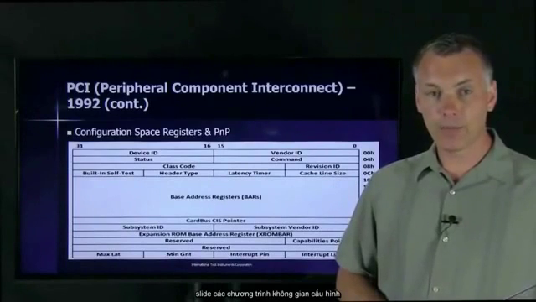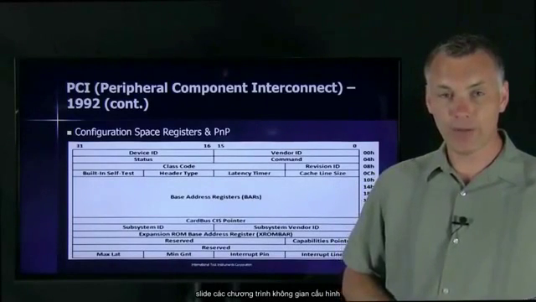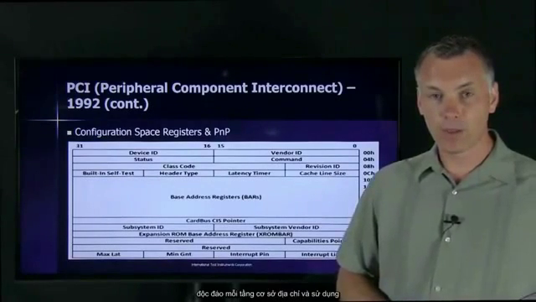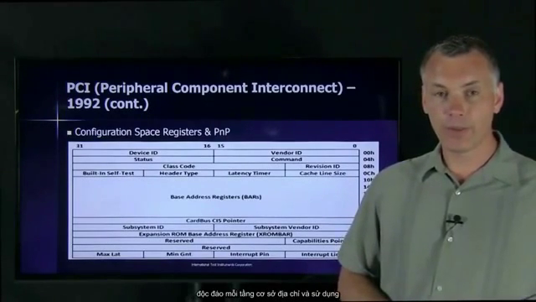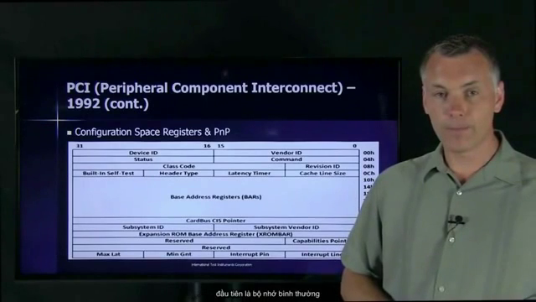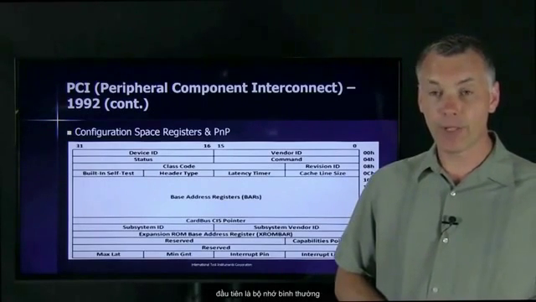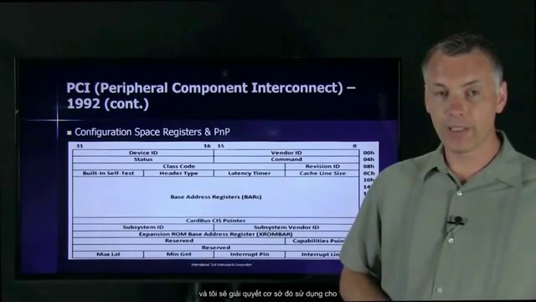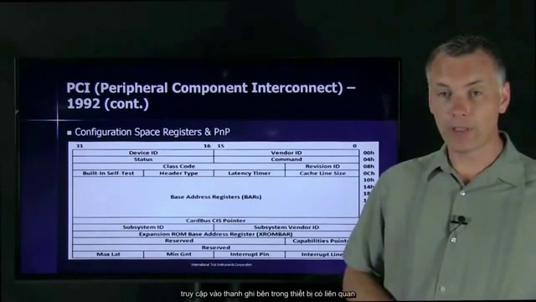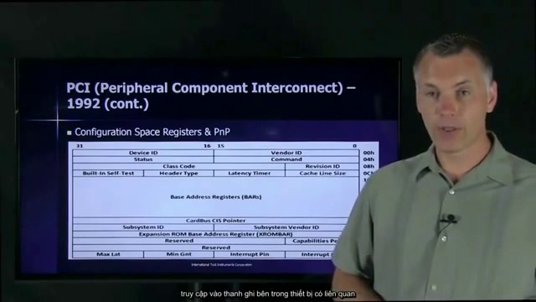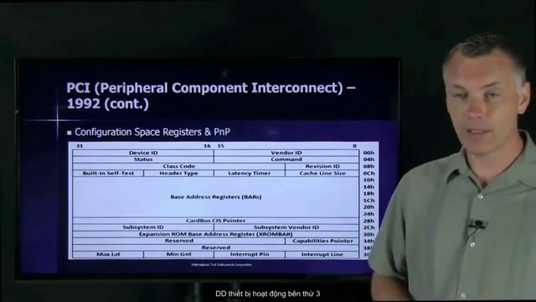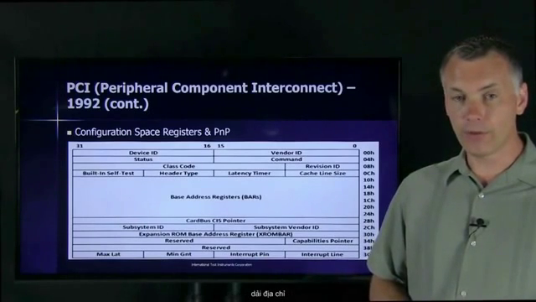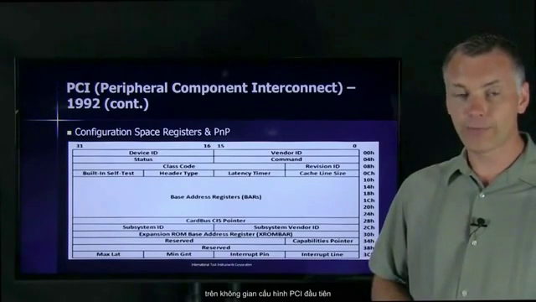This slide shows the configuration space registers. On PCI, you actually have 3 unique address spaces that can be used. The first 2 are the normal memory and I/O address spaces, which are used for accessing registers within the device that are related to the operation of a device.